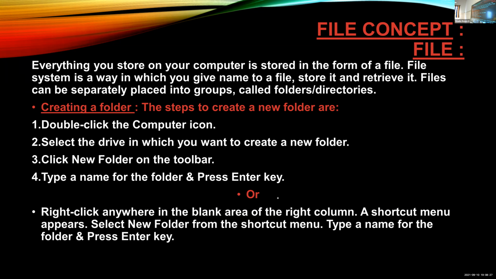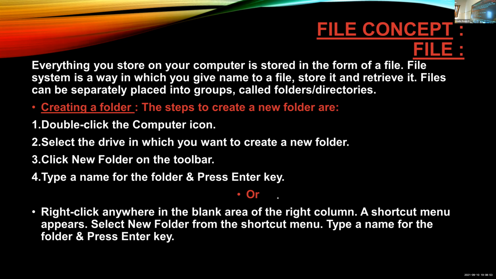Everything you store on your computer is stored in the form of a file. A file system is a way in which you give a name to a file, store it, and retrieve it. In a file, we can give a name to the file, store something in it, and retrieve something from it.